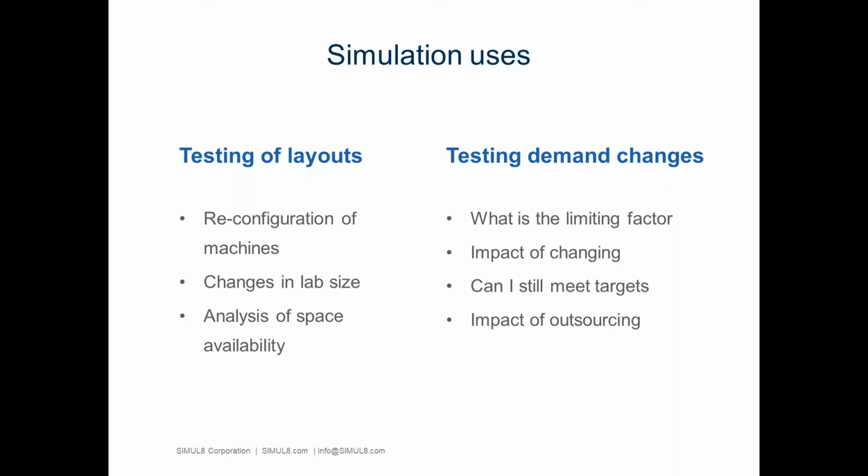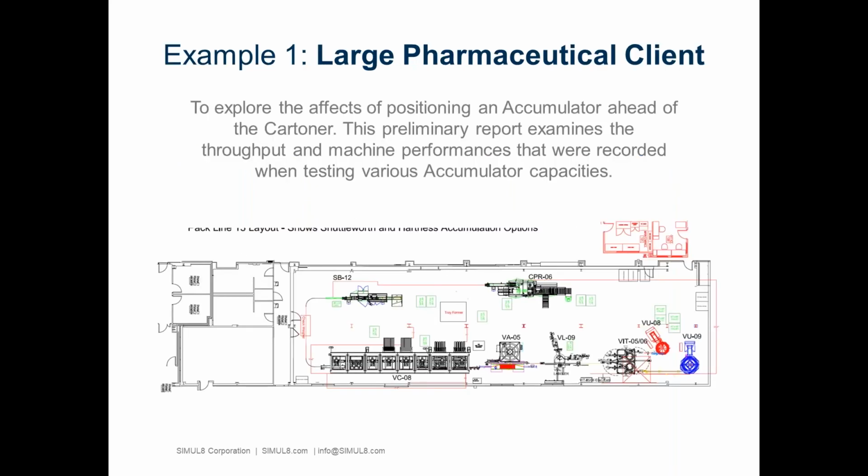Some examples of this might be reconfiguring machines, bigger or smaller labs, seeing if we're still going to be able to produce the results we need to, or testing demand changes. So if the demand is changing, what's going to be the limiting factors? Which part of the process is going to be my bottleneck? Really, we need to know with any of these changes if you can still meet your targets.